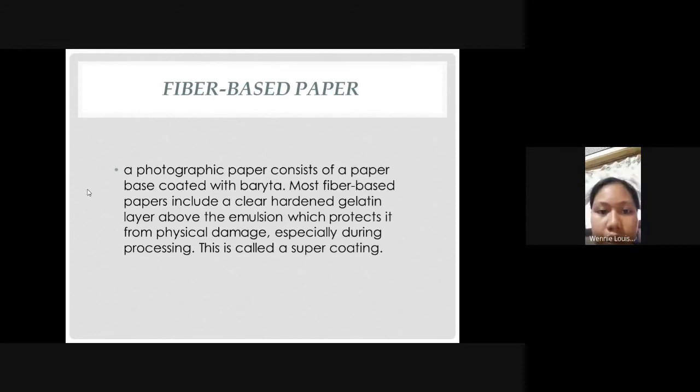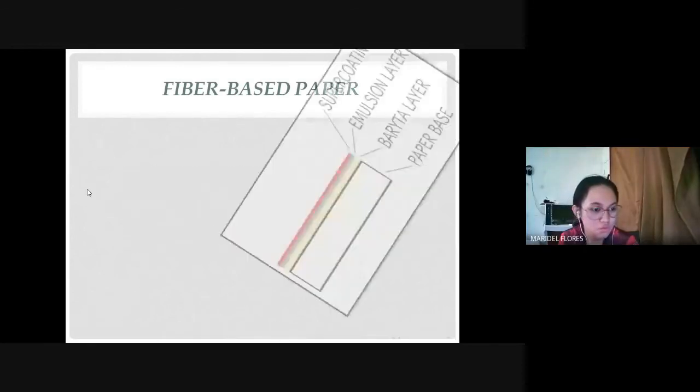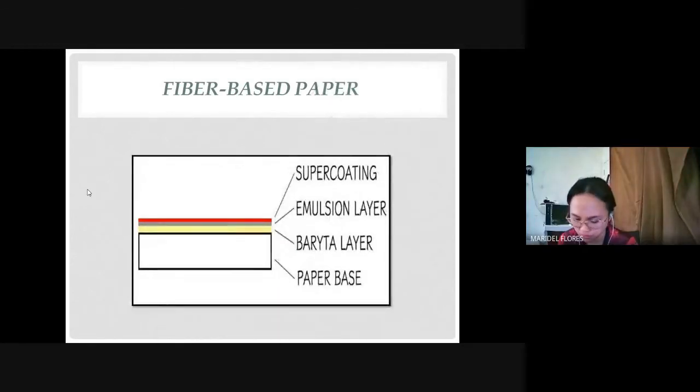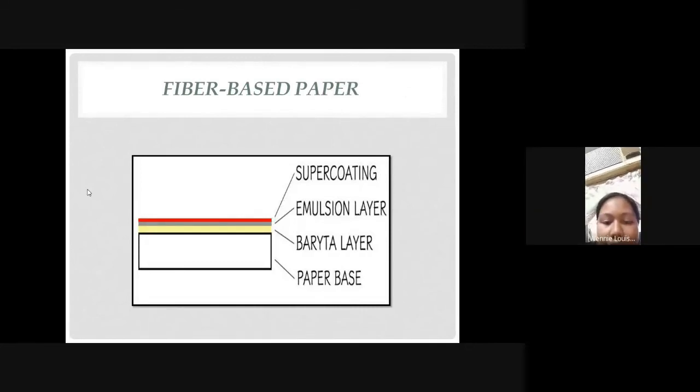Next. So, this super coating in the picture is the layer that prevents scratching and other damages to the photographic paper. Next.